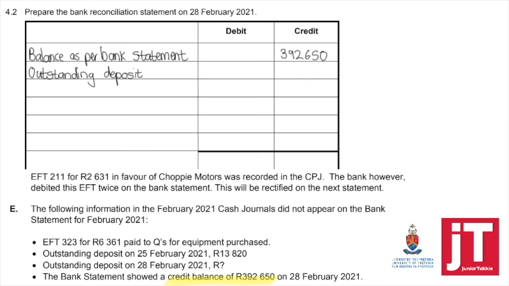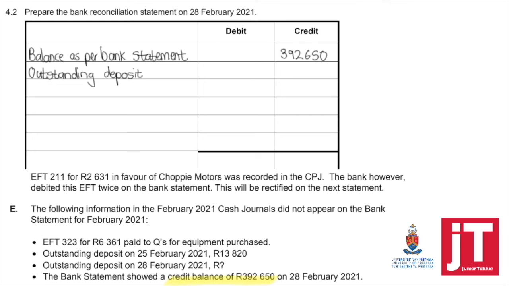Looking at outstanding deposits, we've got an outstanding deposit on 25th February 2021, 13,820, and then we've got another outstanding deposit on 28th February 2021, question mark. So this is asked differently than what you used to.